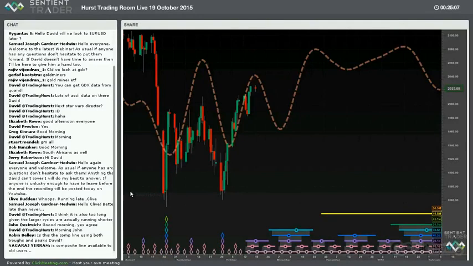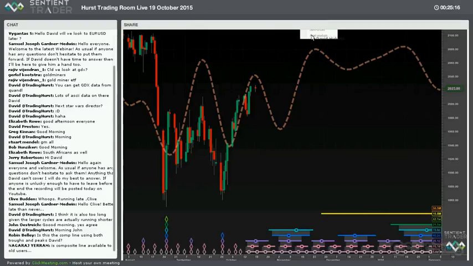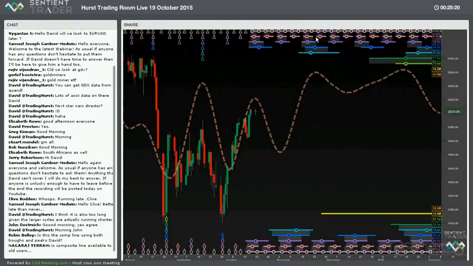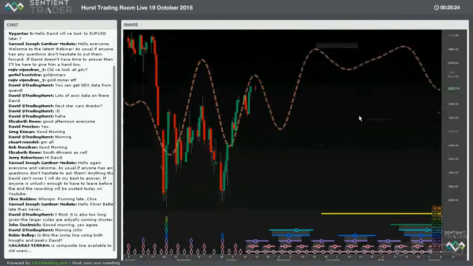I see Robin saying, is the composite line using both troughs and peaks? Yes, it is. That's quite an important point. Now, using Sentient Trader, you can display peak analysis as well, perform a peak analysis as well, and it generally increases the accuracy of the composite model. Not always.